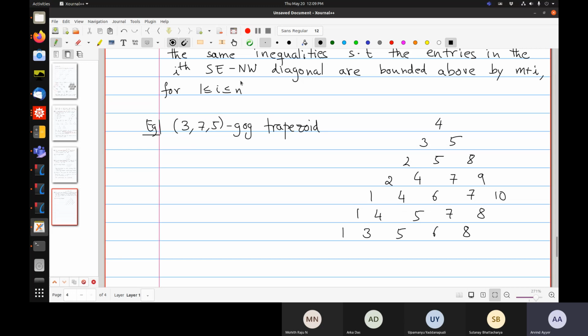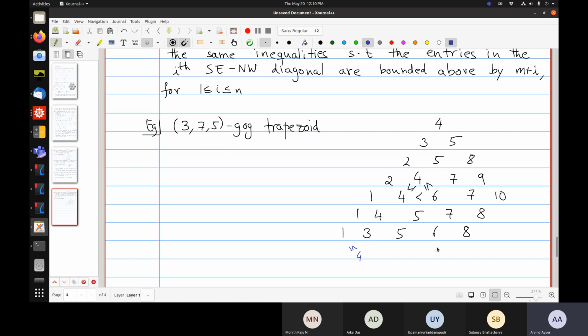Okay. So when I say it satisfies the same inequalities, I mean this inequality is like this. But the bottom row is not bounded. Does not respect the bottom row, and this diagonal does not respect the same inequalities. So for example, this entry is less than or equal to 4 because this is 3, 1 plus 3. The first diagonal is less than or equal to 4.